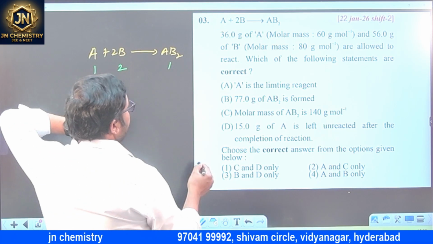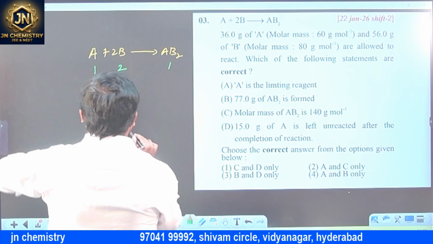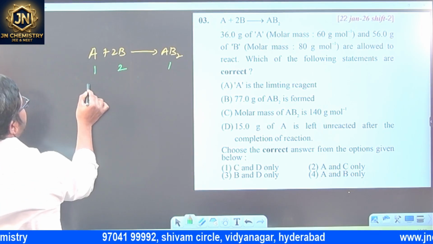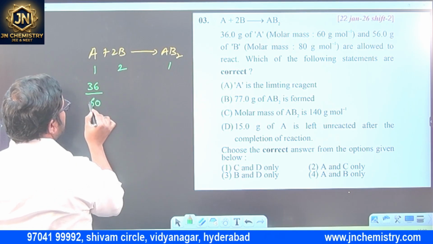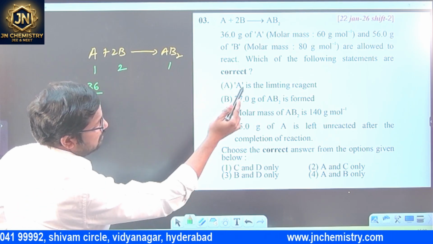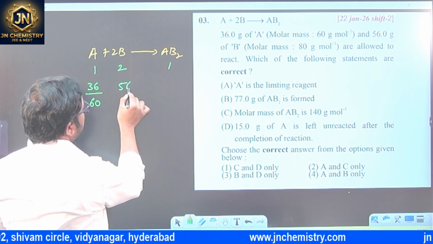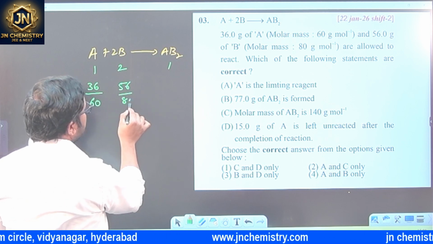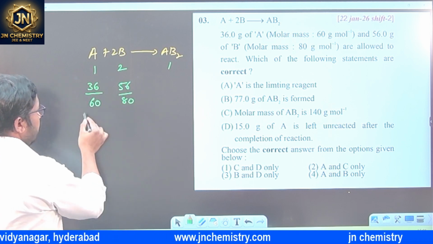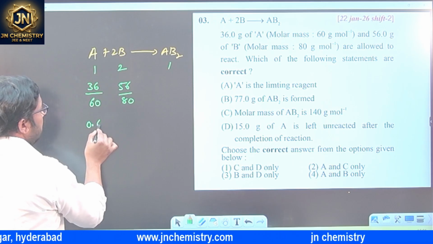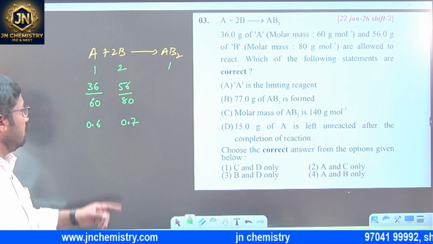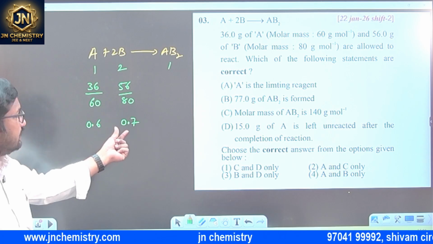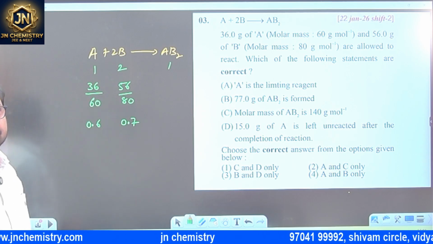For A, it is 36 by 60, and for B, 56 by 80. Here we get 0.6 moles, and in this case we get 0.7 moles.